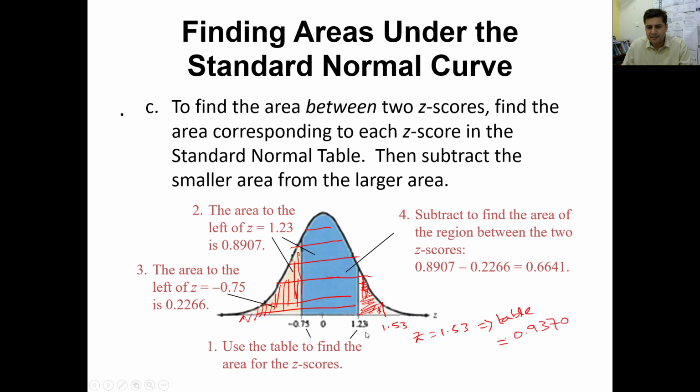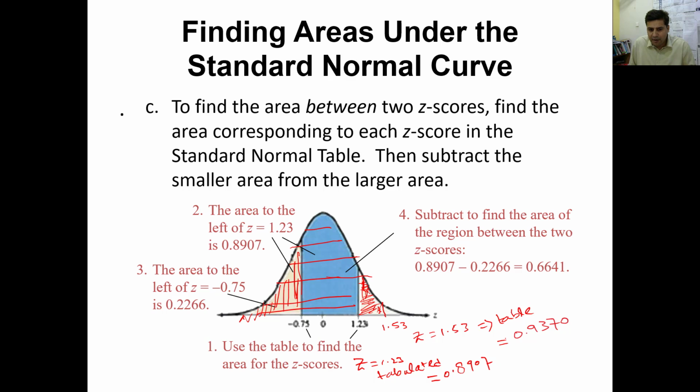But we are only interested in this shaded area, which starts from 1.23 and goes to 1.53. When z is equal to 1.23, the tabulated value is 0.8907.